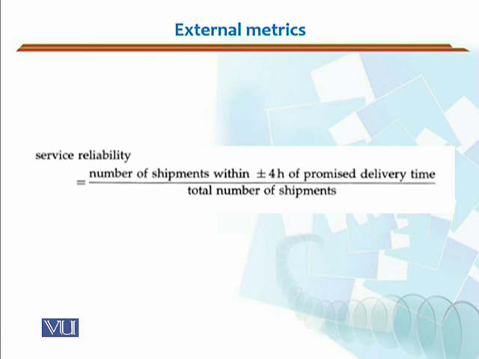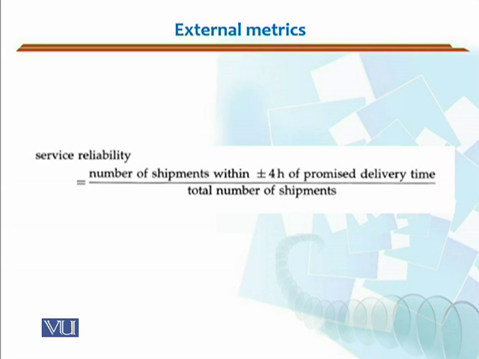Let us take an example of how to measure the service reliability. For example, for an organization, 4 hours plus minus of the promised delivery time is something which is reliable for them. So for them, how would we calculate the service reliability?